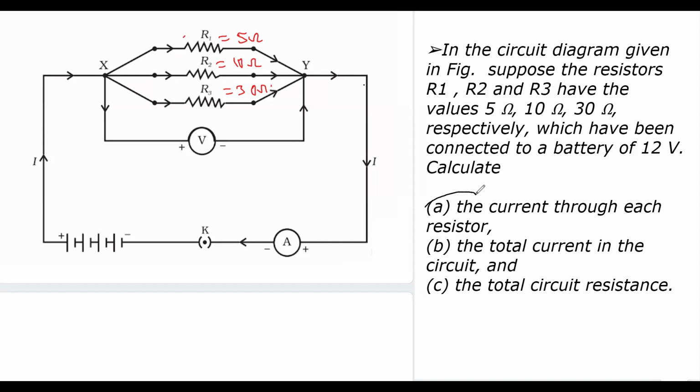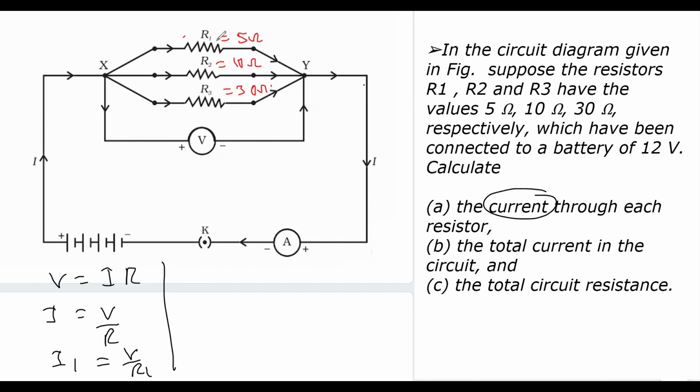And you know that in parallel, the current varies. We know that V is equal to IR, so I is equal to V by R, but then we'll have different I. I1 will be V by R1 and so on for the others. So we have to get the current through all these three resistors.